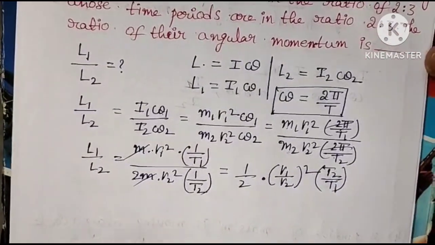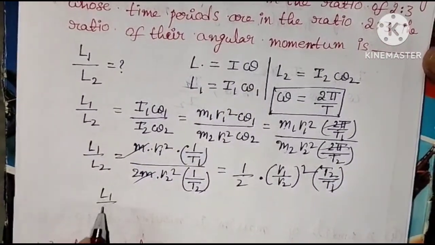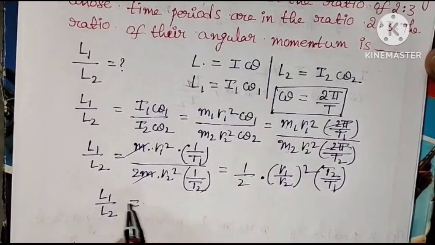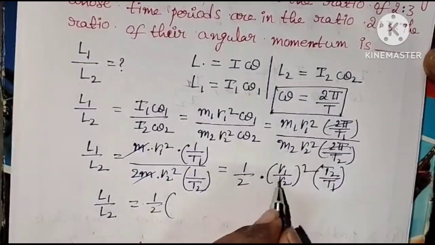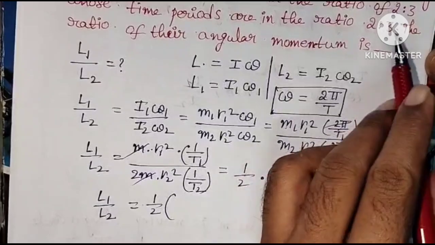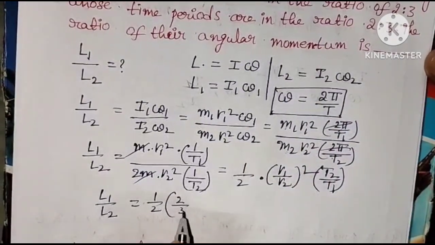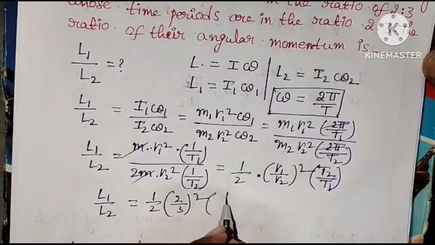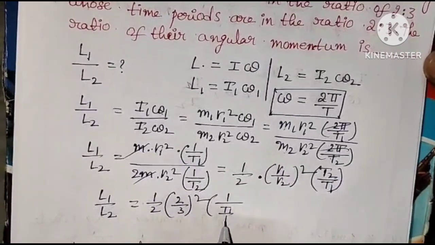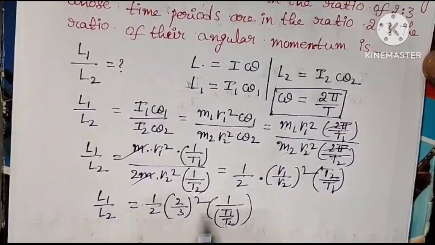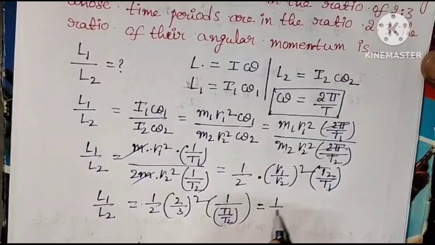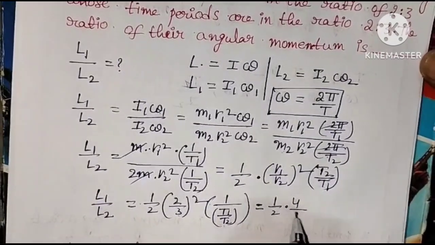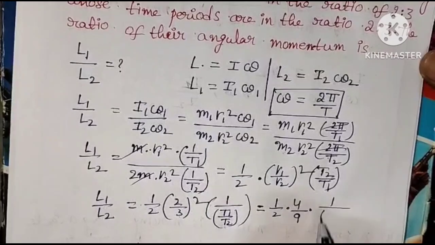Okay. Now L1 by L2 is equal to 1 by 2 into r1 by r2 whole square into t2 by t1. The ratio of the radii is already given as 2:3. So 1 by 2 into 2 by 3 whole square, which is 4 by 9, into 1 by t1 by t2.